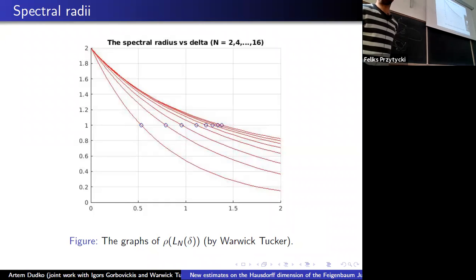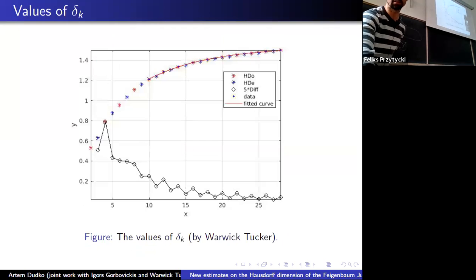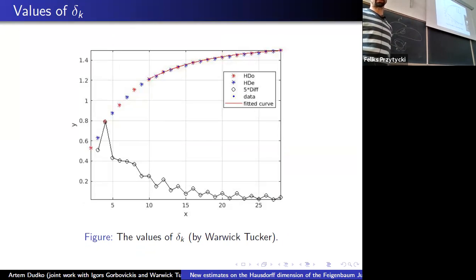So these are some graphs of the spectral radius of McMullen matrices L_n, constructed by Warwick. Another illustration shows the values of delta_n, these approximations, which are bounds from below for the Hausdorff dimension. There are two colors, blue and red, for even and odd levels.